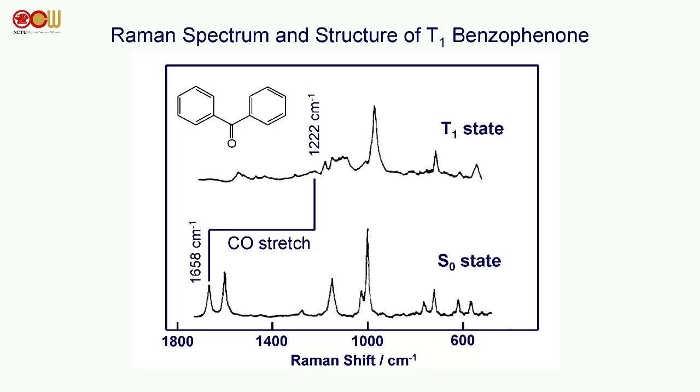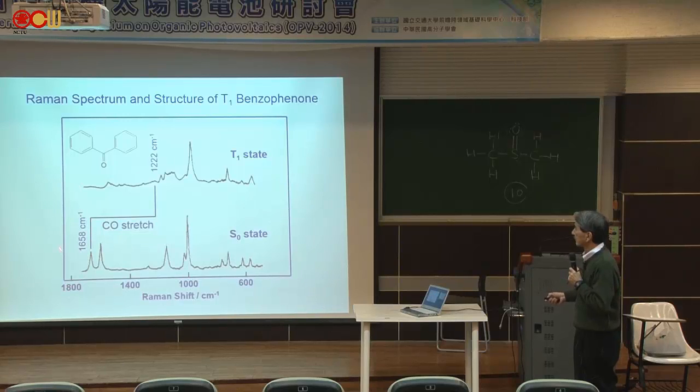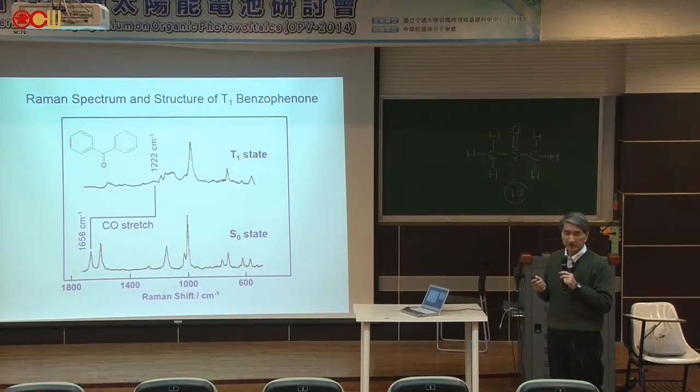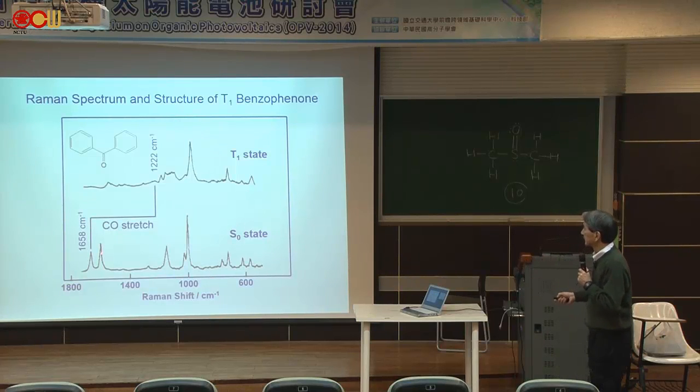So in the ground state, we have this structure, and this band, CO stretch, is observed very strongly at 1685. This is, as I said, the double bond stretching frequency. But in the excited state, we do not see a very strong peak around here.